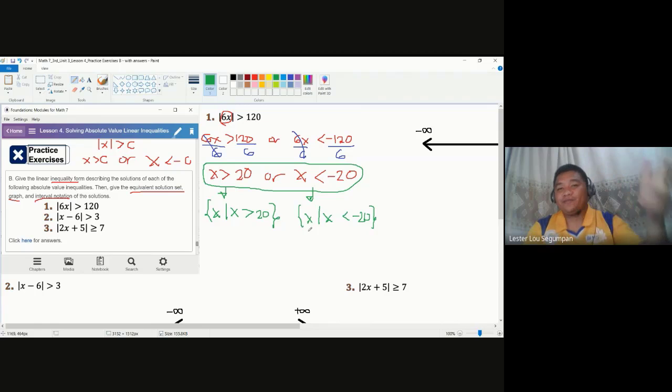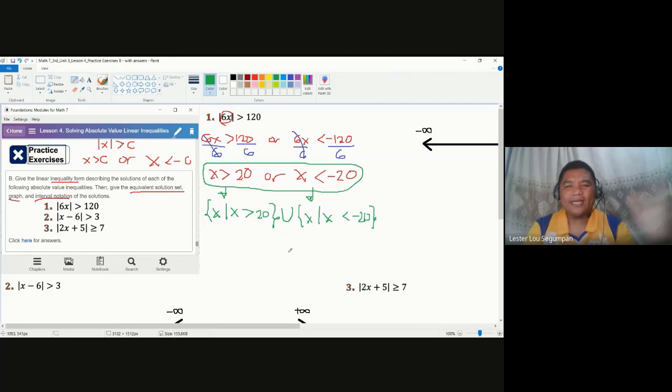There are two different solution sets, but we need to come up with a notation in which they are combined into one. As a reminder, the conjunction or will be changed into the same conjunction in set operations, which is actually the union of sets. So this is now the solution set, the combination of both.